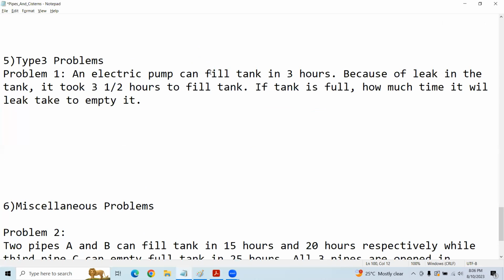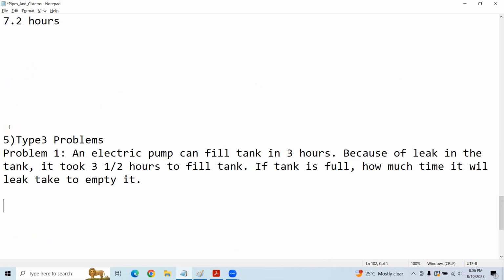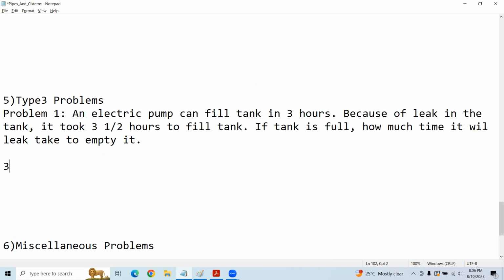An electric pump can fill a tank in 3 hours. Because of a leak in the tank, it took 3 1/2 hours to fill the tank. So now what is the common difference between the other problems and this one? In all the other places we had proper natural numbers, like 10 hours, 20 hours, 60 hours.